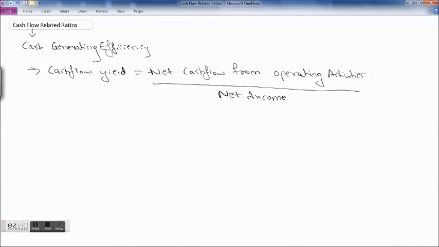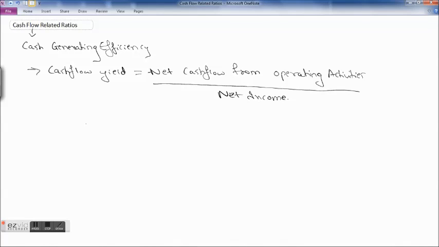To know how to calculate net cash flow from operating activity, you can see the cash flow basics video. In that it's given how to calculate cash flow from operating activity upon your net income, that is your net profit. This will show you the difference between your net cash operating income upon your net income as per your profit and loss account.